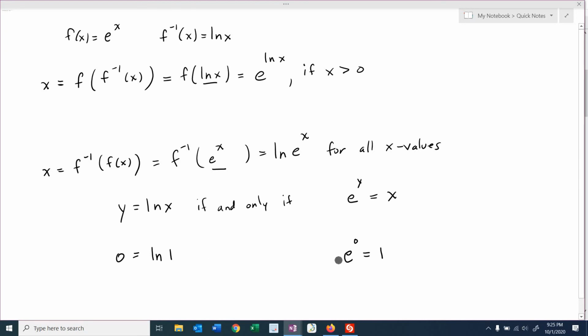And that's just because they're inverse functions of each other. So again, if you say ln of x is equal to y, then that means e to the y is equal to x. And the easy way to remember this is if you switch these two, then you need to work with the inverse function. Okay, so that's just a property of inverse functions.